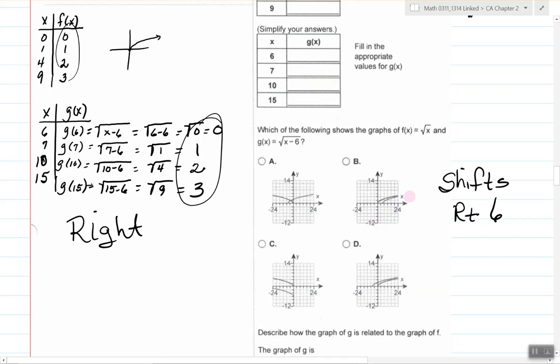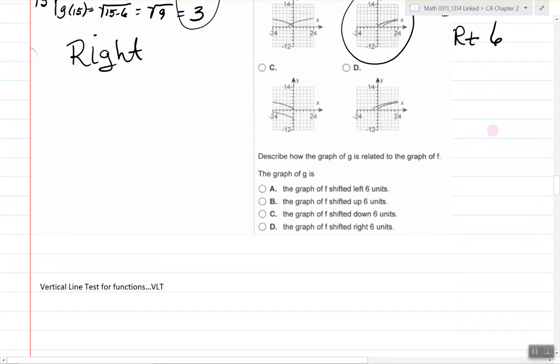That's a little misleading, but from here to here, although you just think it's 1.5, it's really 6. This is my answer. In my math lab, you can actually see this because you can blow the graph up. And how did it change? It shifted right 6.